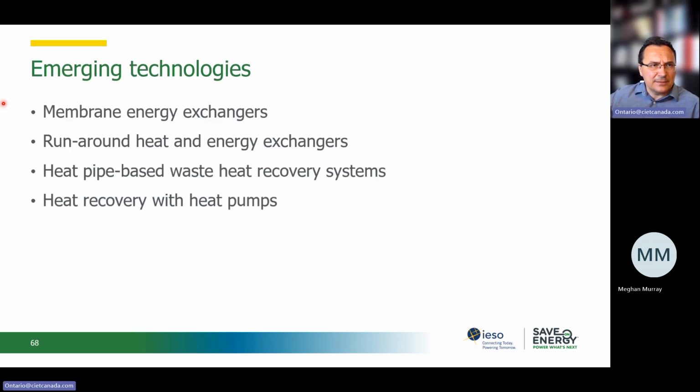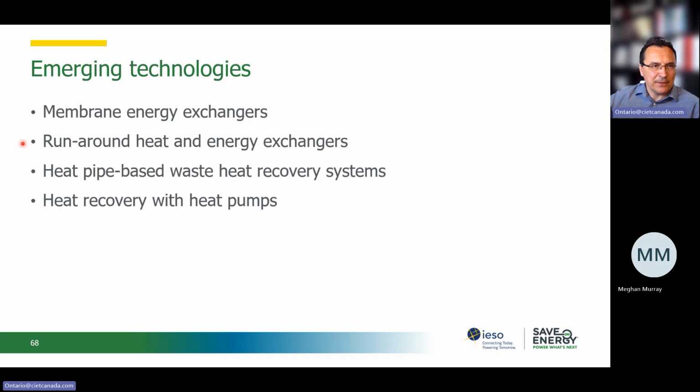So in the equipment manufacturing world, we have various technologies that are trying to improve the efficiency. We are looking at membrane energy exchangers that allow improving the efficiency of this heat transfer, both latent and sensible.